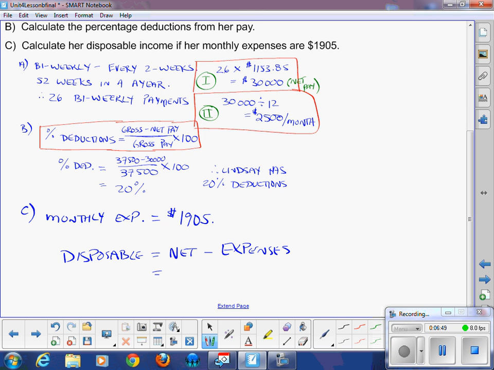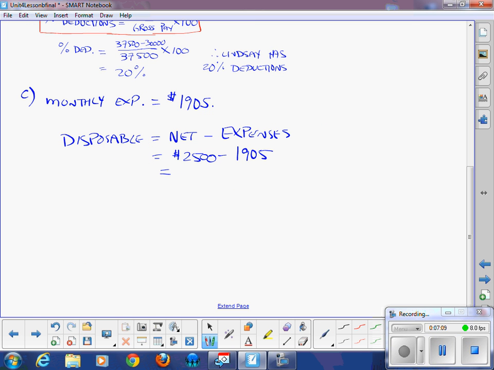Our net pay, we talked about this, each month is $2,500. So net monthly pay, minus the expenses of $19.05, which would leave us with 2,500 minus, I don't know why I'm using the calculator for this. Okay, $595.